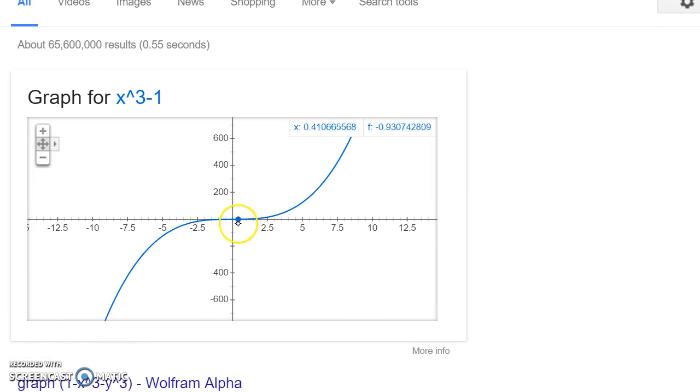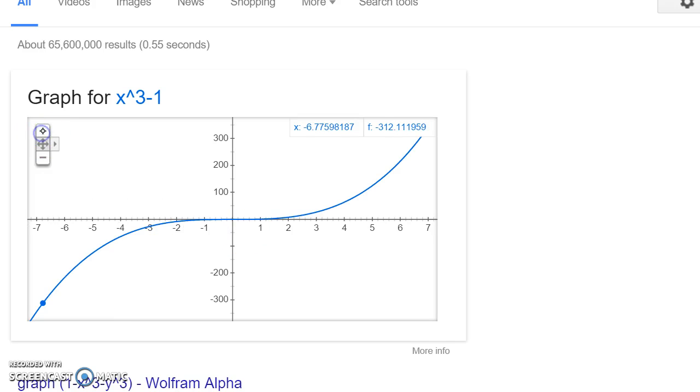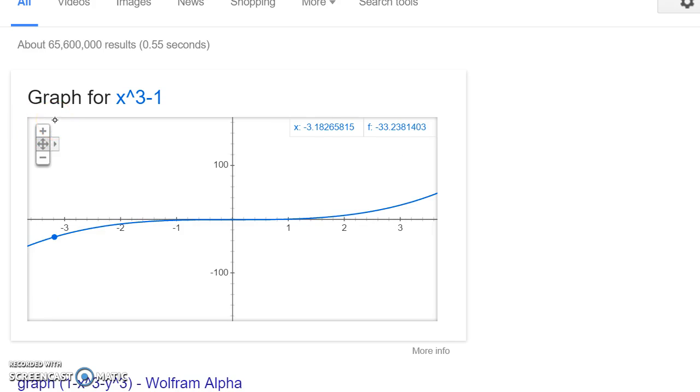Notice it has the zero at 1. Sorry, I'm trying to find it. Why don't we zoom way in so we can really see that happen.